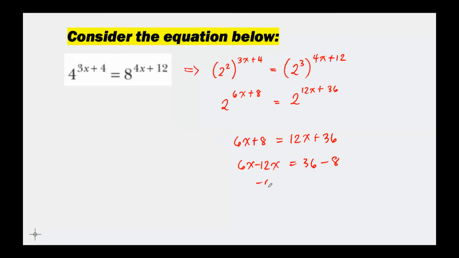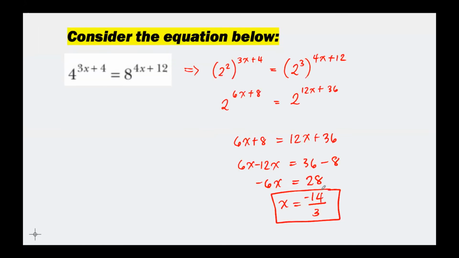So therefore, negative 6x is equal to 28. So divide that by 6. So that will give us negative 14 all over 3. So this is the solution for our equation.